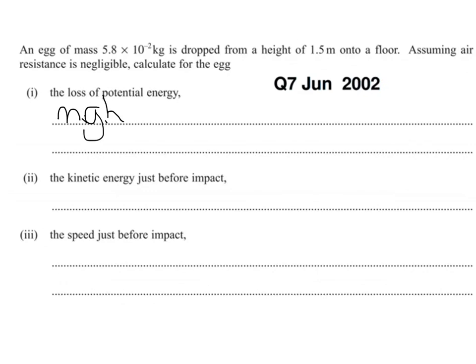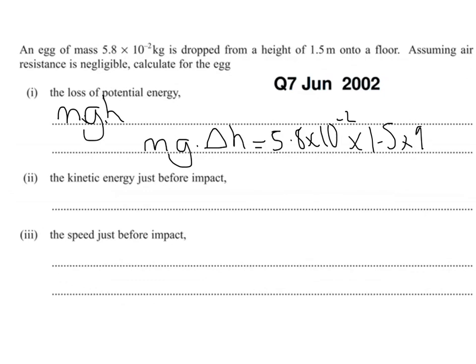And the change in energy will be the mass, which isn't changing, g, times the change in the height, which is 5.8 times 10 to the minus 2 times 1.5 times 9.81, which equals 0.85 joules.